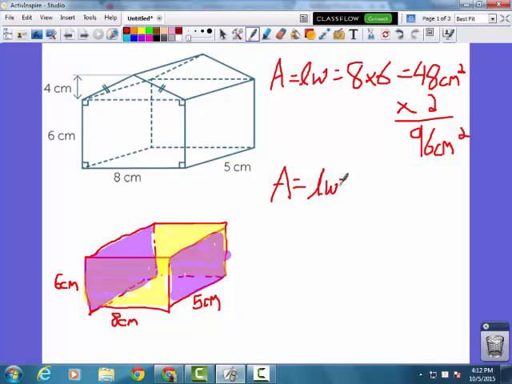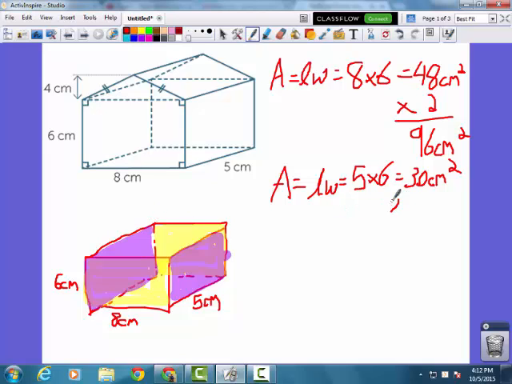Sorry about the writing, I know it's not the clearest, it's hard to write with a mouse. So this is a 5 by 6 rectangle, which gives us 30 centimeters squared. And again, it's not just one of the sides, this one over here is also a 6 by 5. It's the same thing.